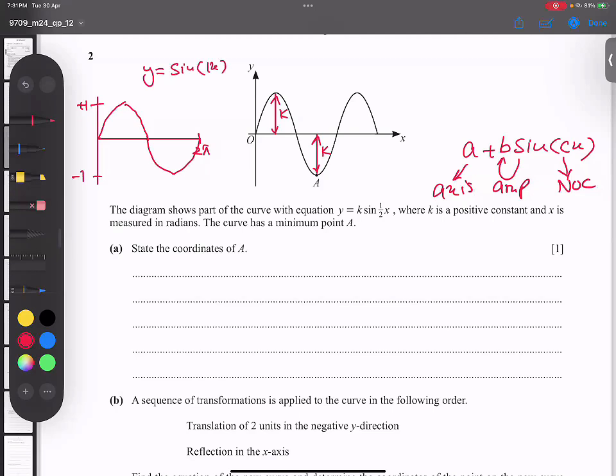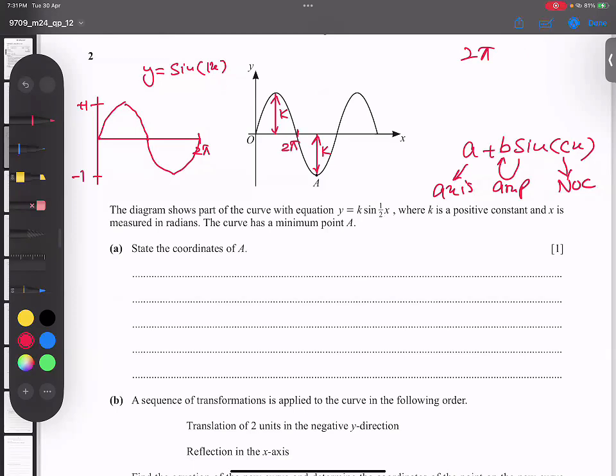But here we have half x. If ever 1 comes, it means in 2 pi it is one cycle normally, but here we have half a cycle. In 2 pi, if 1 means one cycle, then this one half means half a cycle. So this is actually 2 pi.